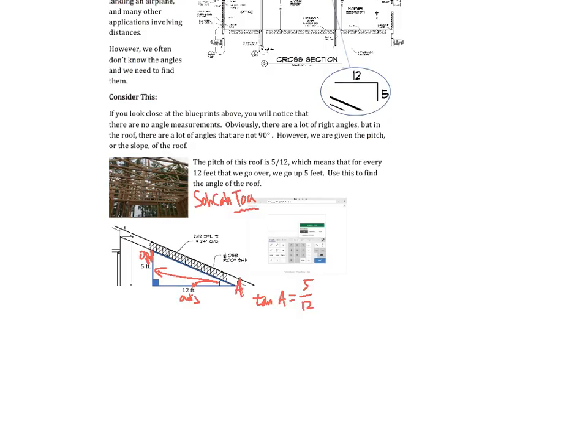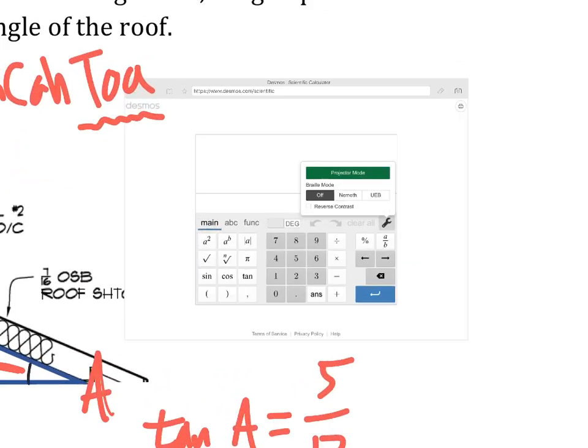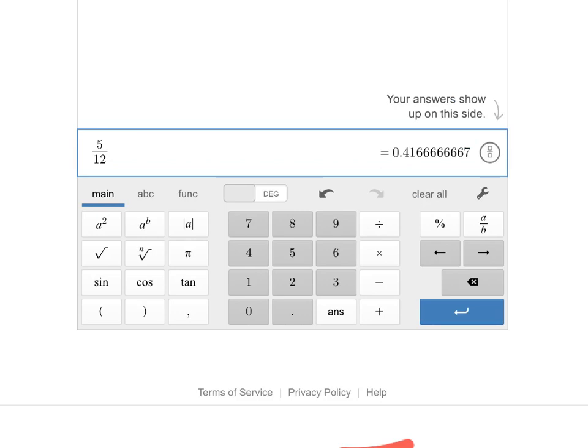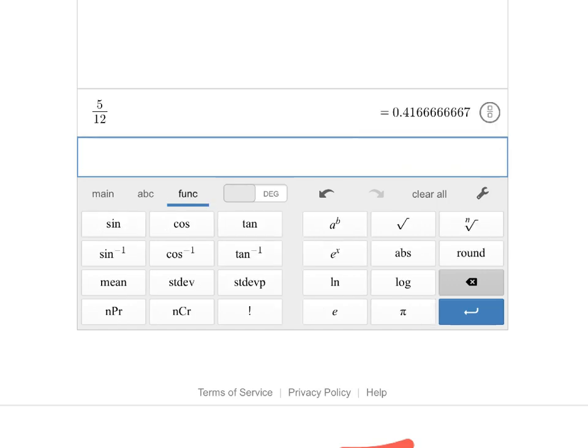First of all, let's go to our calculator and get 5/12 as a decimal. So 5/12 is about 0.416, repeating. So we're looking for some angle that has a tangent of 0.416.